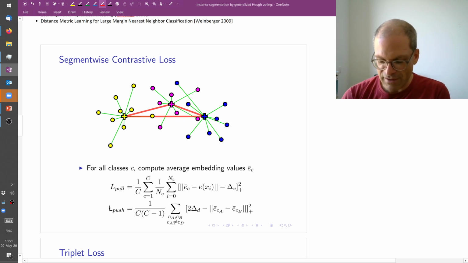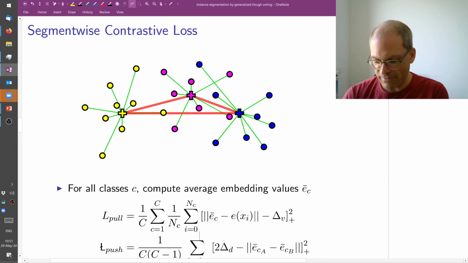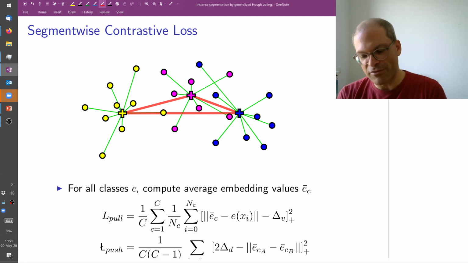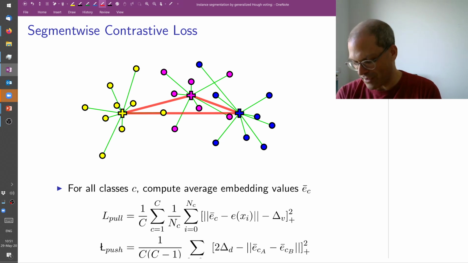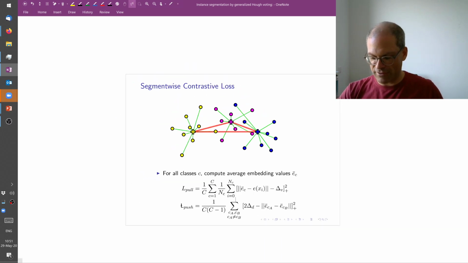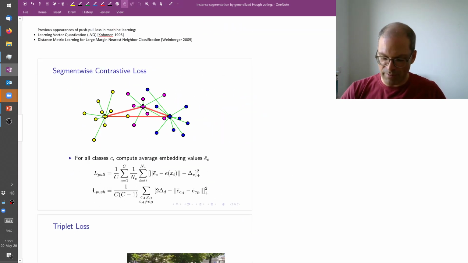Yeah, so green in this slide here represents attraction. So at train time, the embedding of each pixel is trained to become more similar to the embeddings of all other pixels from the same instance. That's attractive. And then push means that the centers of mass repel each other. As I said, works better in practice.